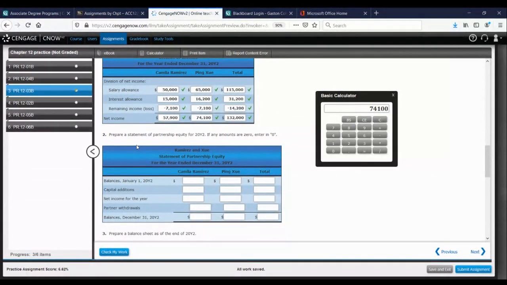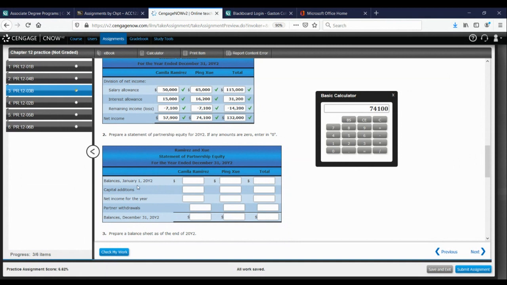The next financial statement that we're going to prepare is a statement of partnership equity. This is very similar to a statement of owner's equity that you learned about in ACC120. The only difference is we have 2 owners now that we're going to put on this statement of partnership equity.